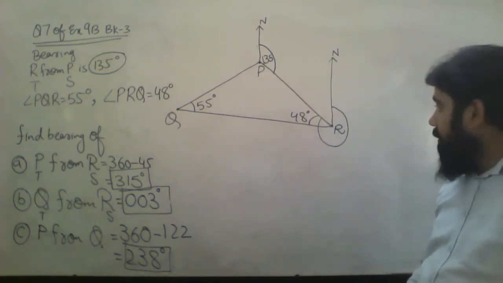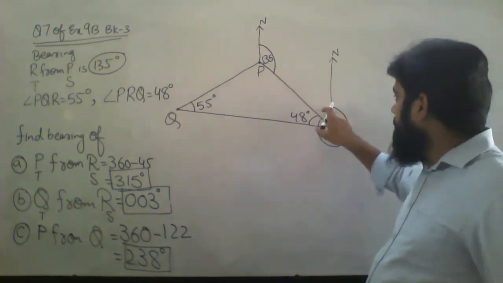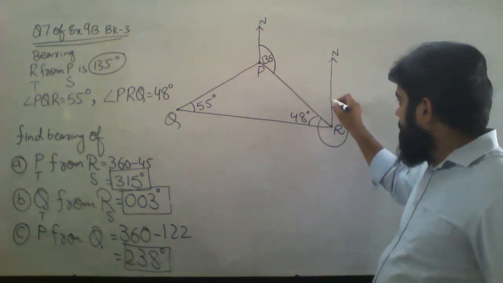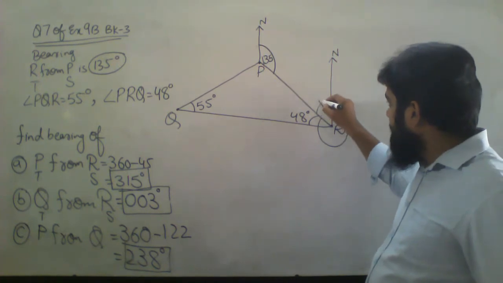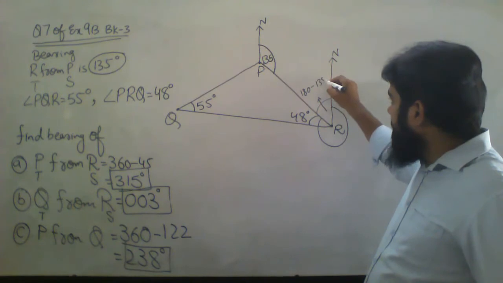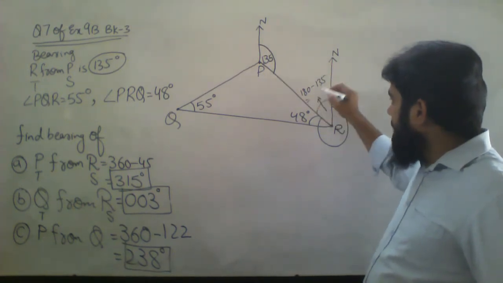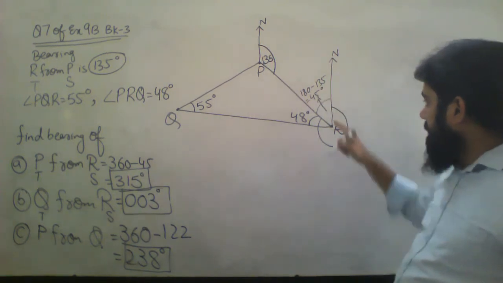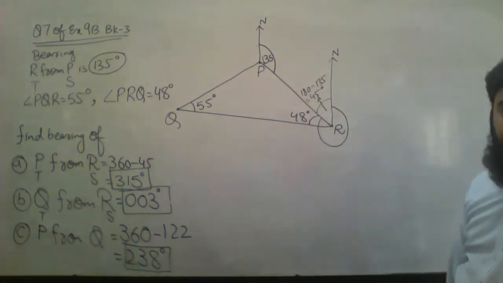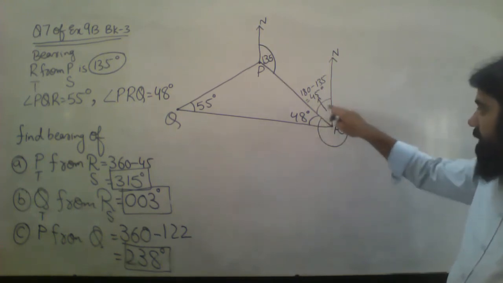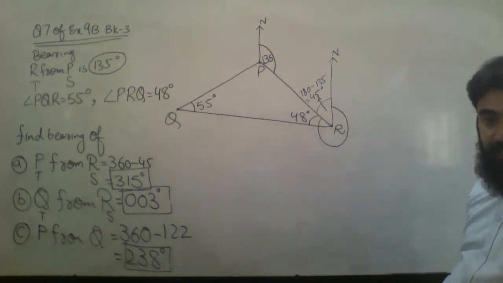So these two are interior angles. This will be 180 minus 135, which is 45 degrees. This part is 45 degrees. If I take the whole thing, that will become 360.